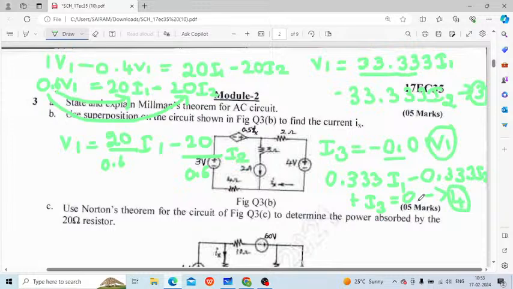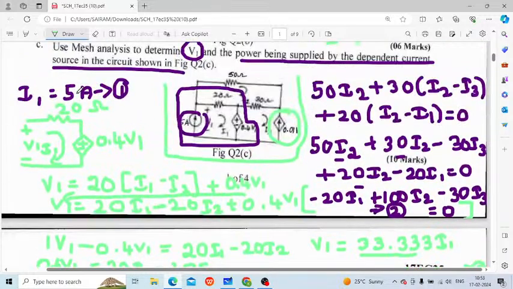How can I do it? Simple. You know that I1 is equal to 5 ampere. Substitute I1 equal to 5 ampere over here. So 20 into 5 becomes 100. You get minus 100 plus 100 I2 minus 30 I3 equal to 0. Taking minus 100 to the other side, you get 100 I2 minus 30 I3 equal to 100. That is one equation.